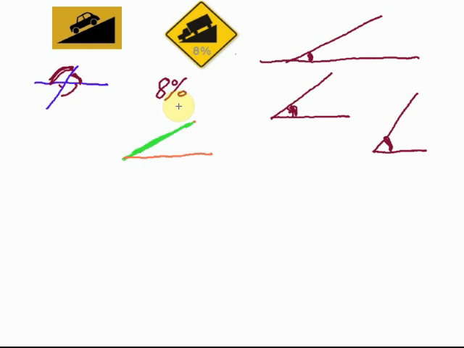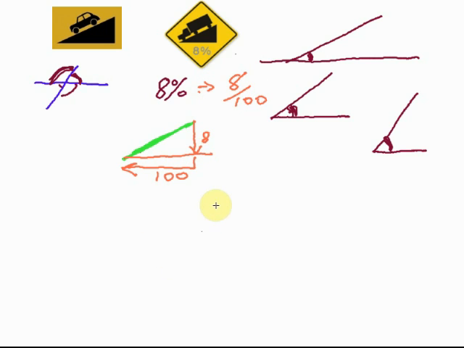This 8% means that for every 8 that the truck goes down, it goes along 100. So if that's 8 down, then it goes along 100, because 8% means 8 out of 100.